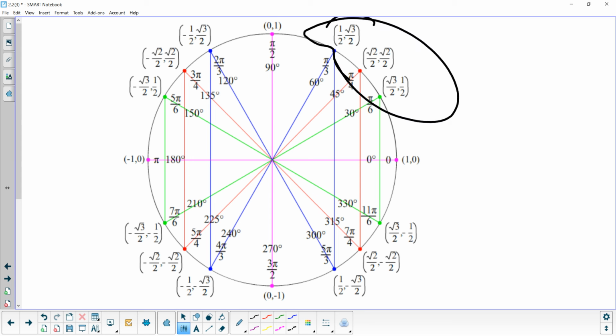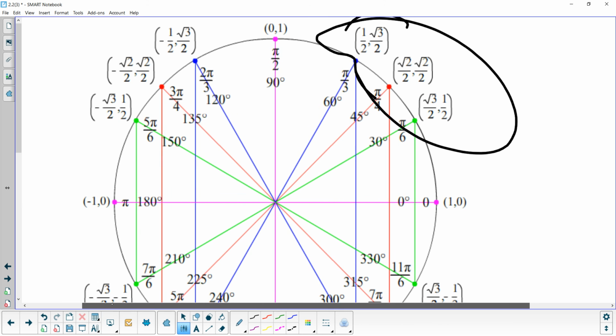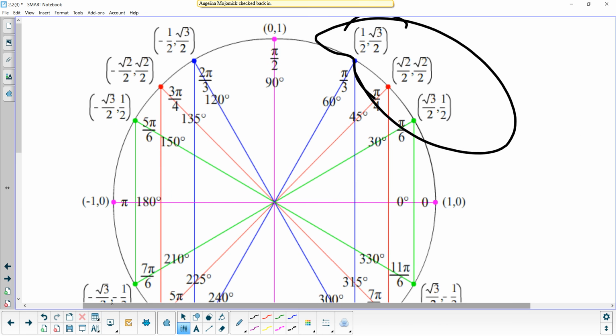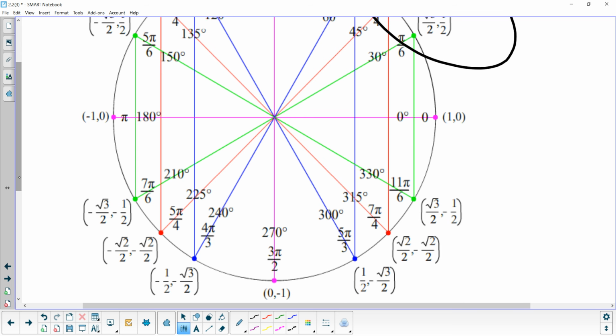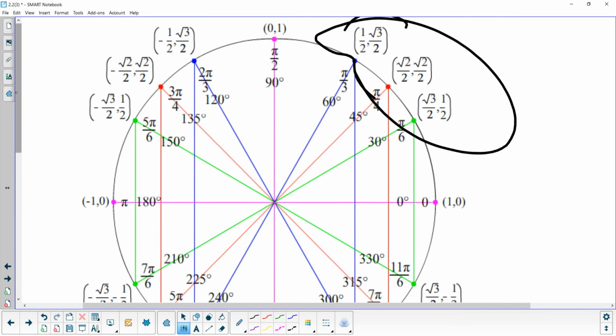As long as you know the 3 coordinates that I just circled, everything else is just a mirror image of one of those coordinates, meaning a negative in front of the x, a negative in front of the y, or a negative in front of both. Those 3 coordinates we learned yesterday is all you need to do any of those 16 different points. Questions on that?